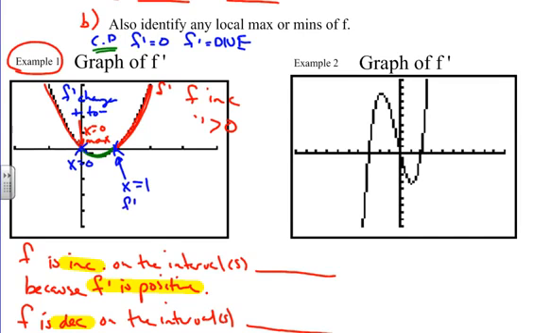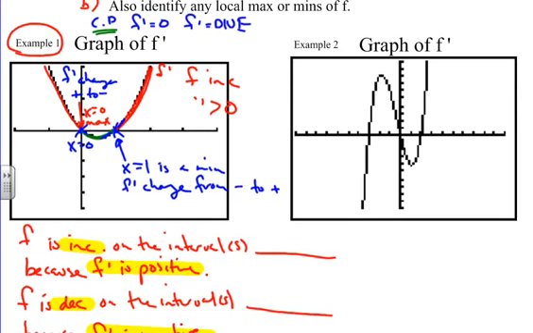Well, we notice that f prime changes from a negative value to a positive value. Because f prime changes from negative to positive, this needs to be a min. X equaling 1 is a min because f prime changes from negative to positive. And that's what we found out. That is what happens. All right.